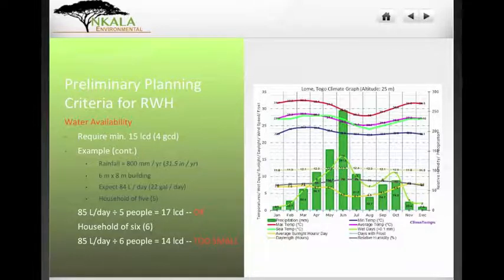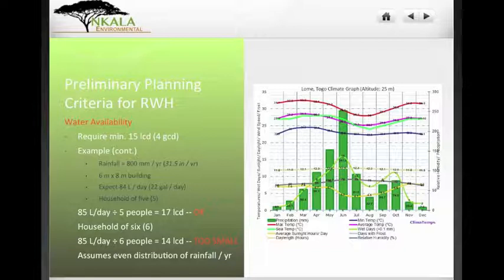Okay? So perhaps we install rainwater harvesting on a shed to give us an additional volume of capture. So that's a very important concept. Now, what we were just talking about is this calculation that we've just done assumes an even distribution of rainfall.